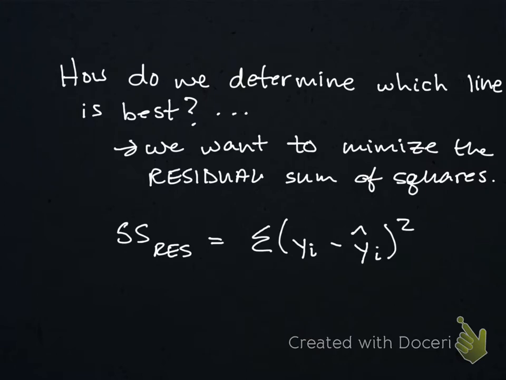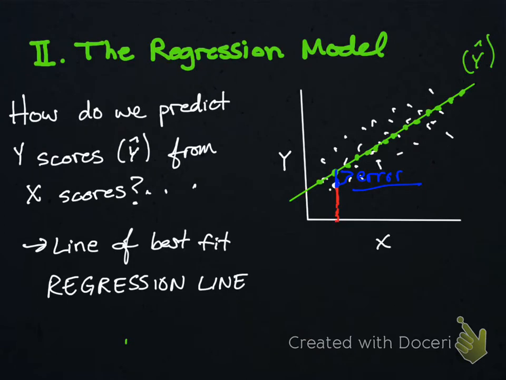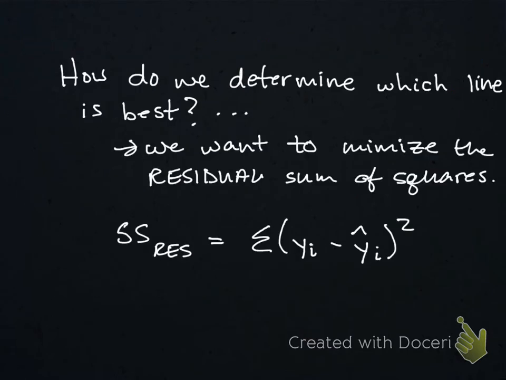So if we look back, that would be, again, that blue error. Anywhere we see a difference between someone's actual Y score and their predicted Y score, that's going to be represented mathematically by this deviation here. And then we're going to sum all those deviations after we square them.